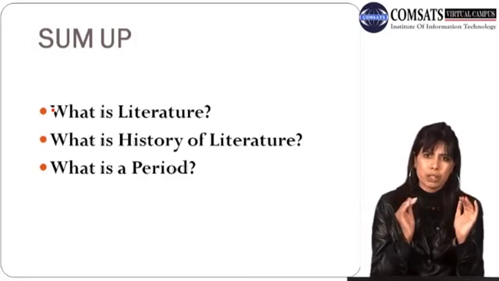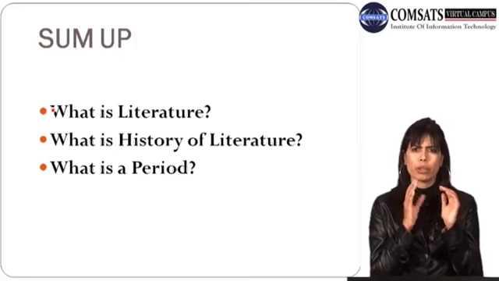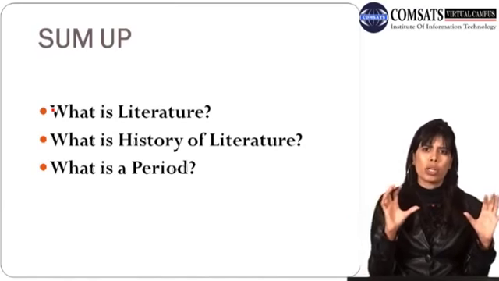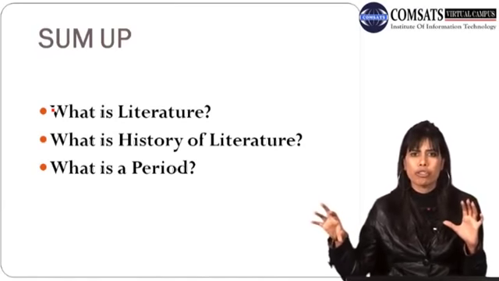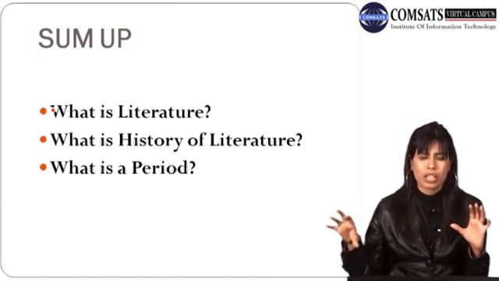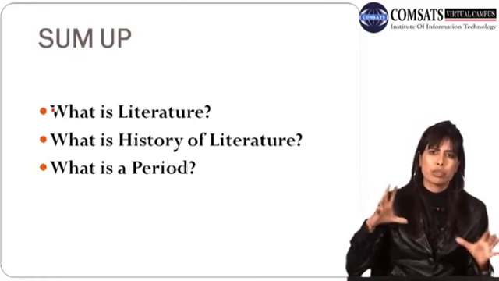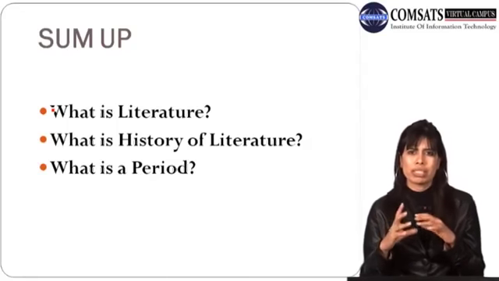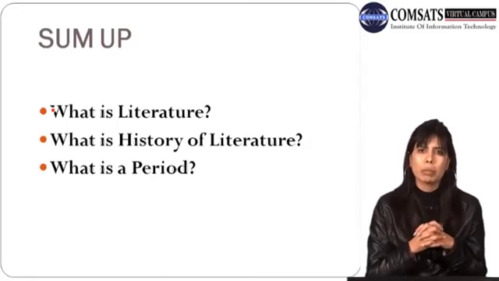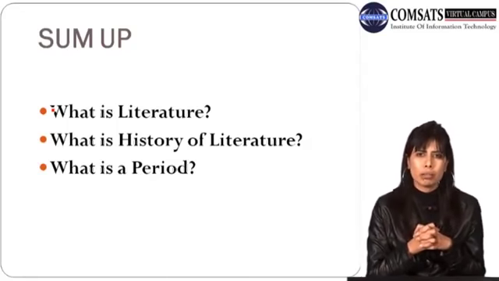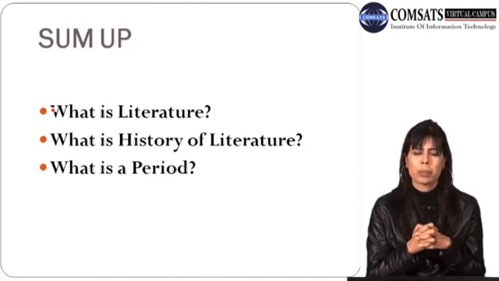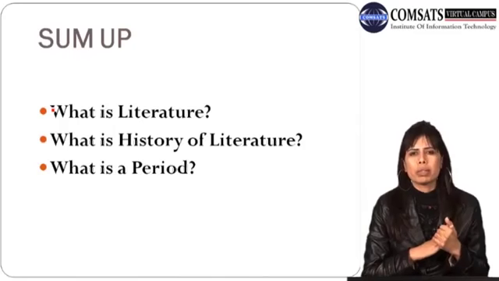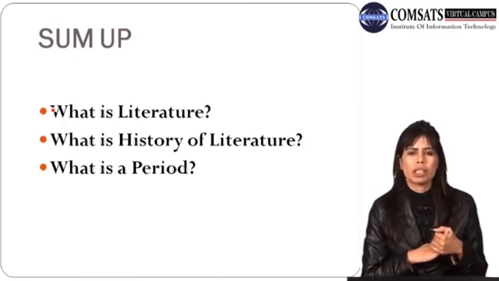The concept must be clear to you, and the important events of any particular era, or the distinctive features of any particular age, or the writer's contribution to that very particular era. So my dear students, these are the things which you have to keep in mind while talking about history of English literature.